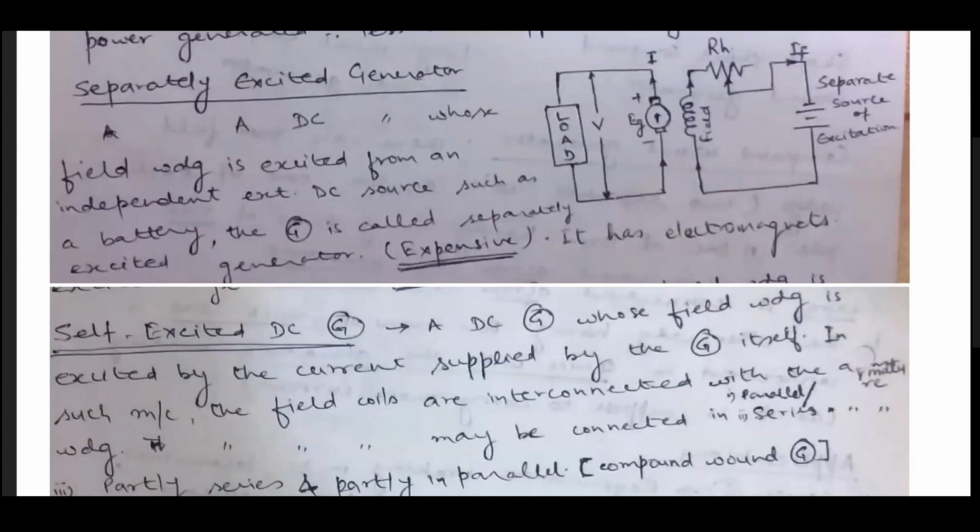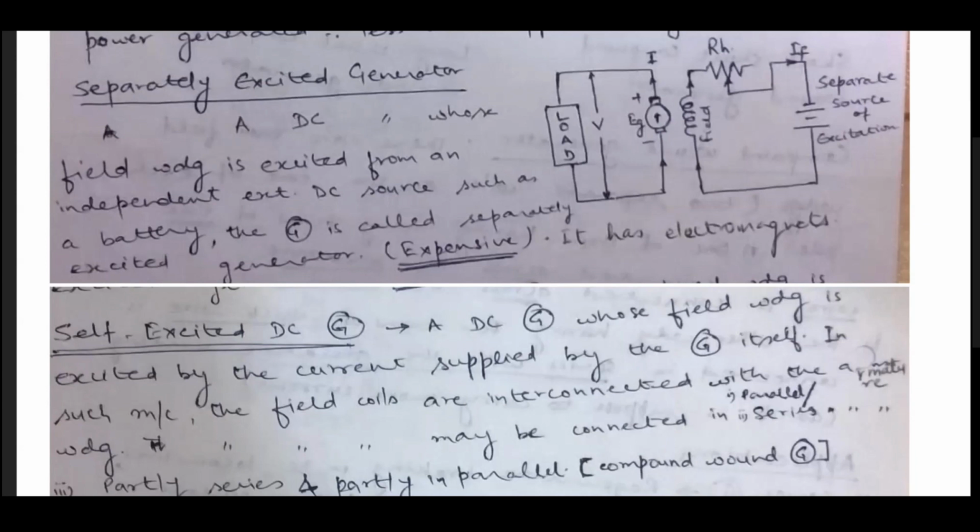So field current will energize these electromagnets, and passage of current will result in the flow of flux, which will energize the field, and more and more flux will pass from north pole to south pole. Flux cutting will be there and EMF will be generated.